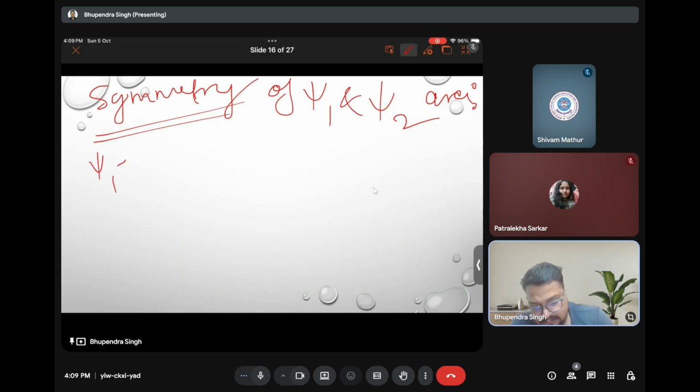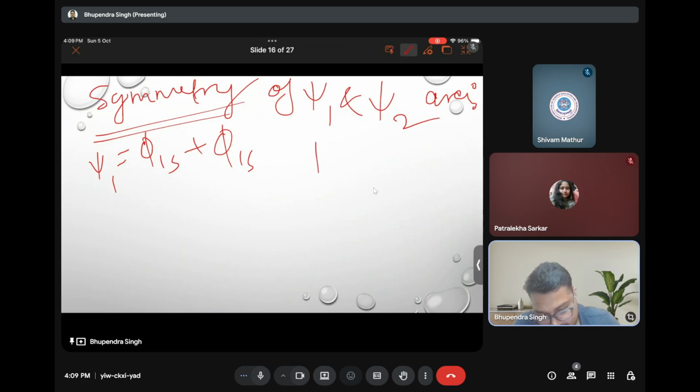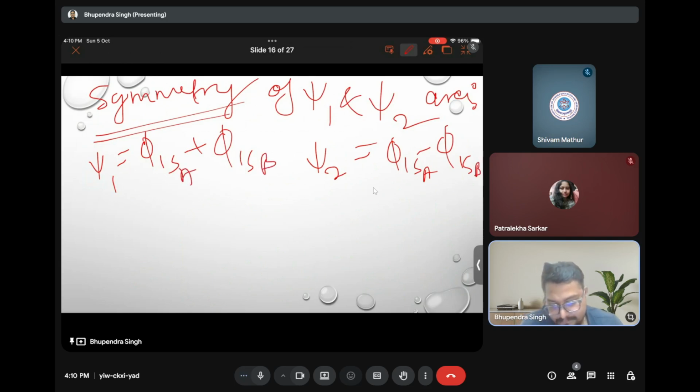Psi 1 is phi 1s plus phi 1s, and psi 2 is phi 1s minus phi 1s, of atom A and atom B. I'm considering this situation in which HA and HB are here. These two are both positive lobes.